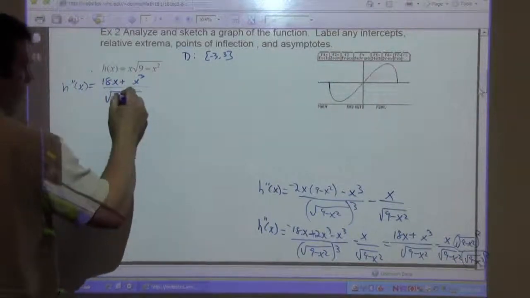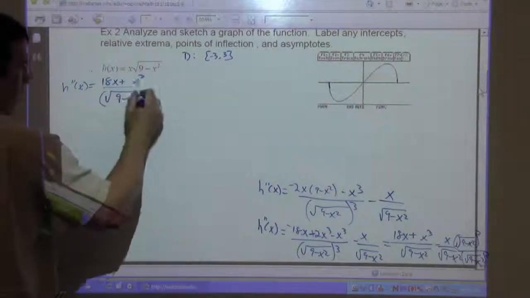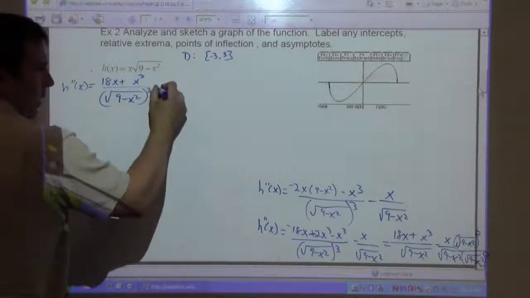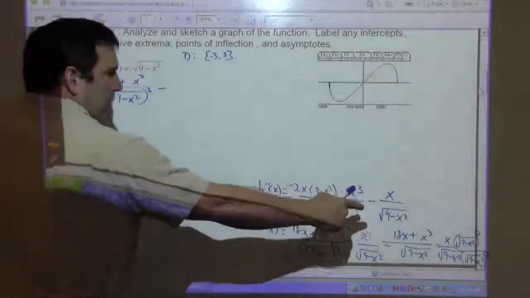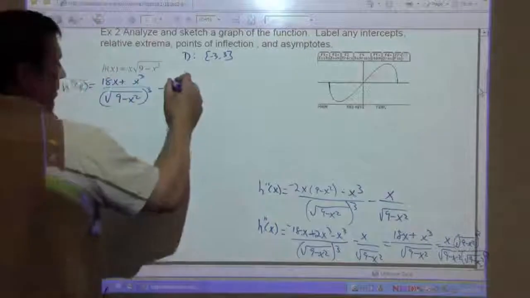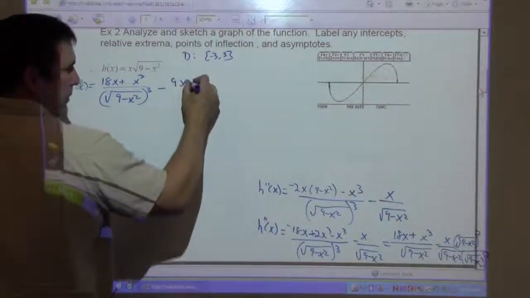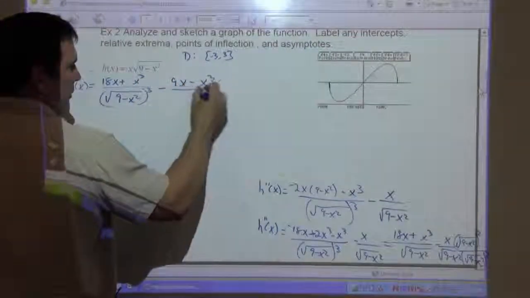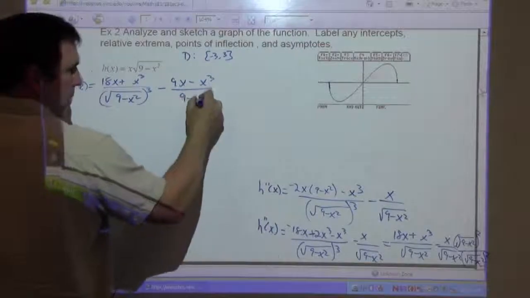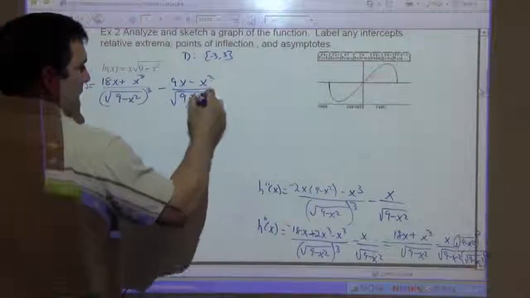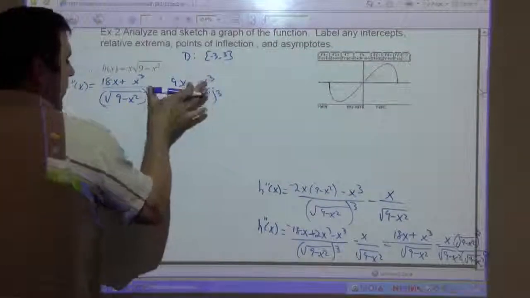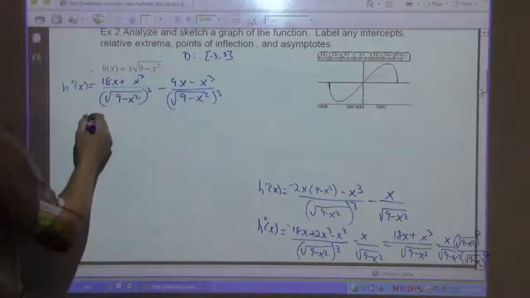the square root of 9 minus x squared cubed, minus, and this is x times 9 minus x squared, so 9x minus x cubed over 9 minus x squared, square root of that cubed. So if we combine these, we've got to distribute this negative.